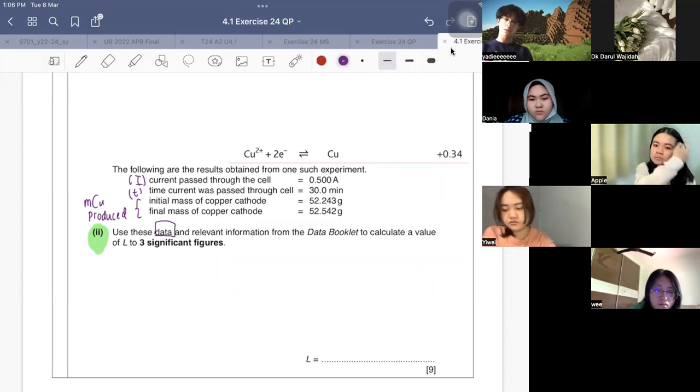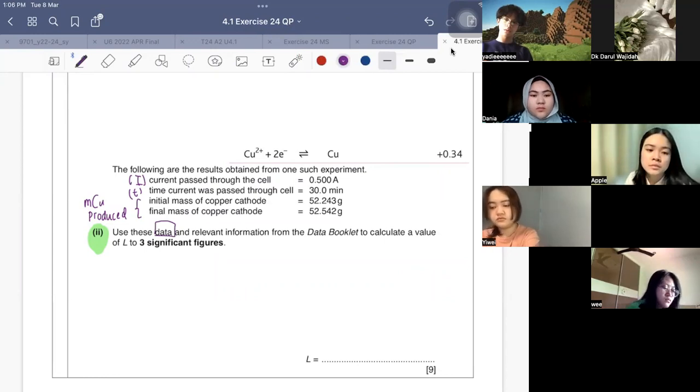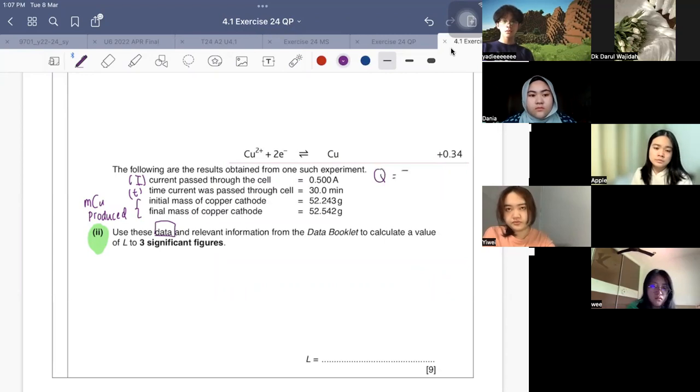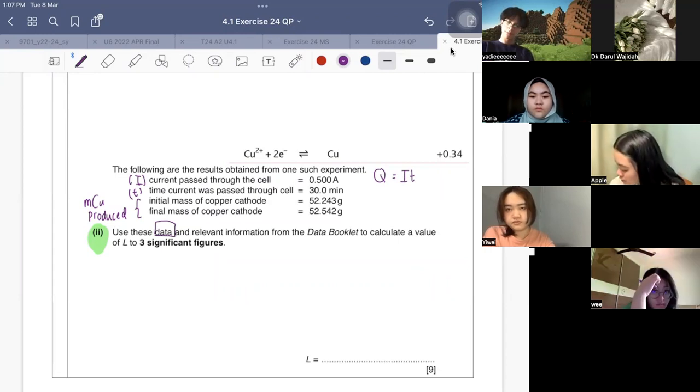Okay, so what are the relationships or expressions that we can remember from this part? Is the expression Q equals IT, where Q is the charge or the electricity that flows in your electrolysis setup.